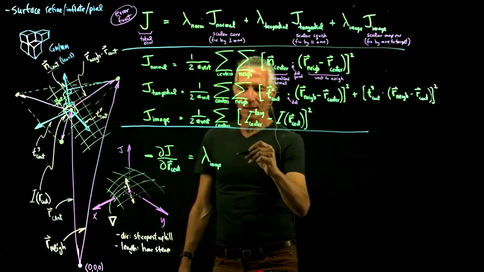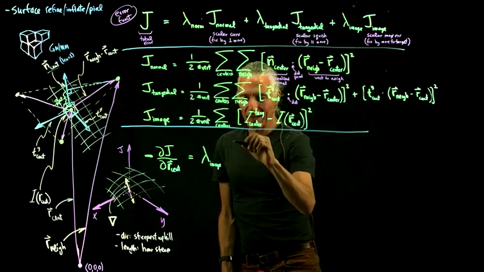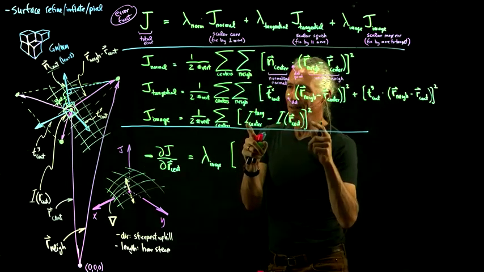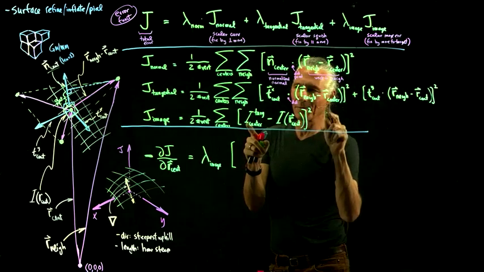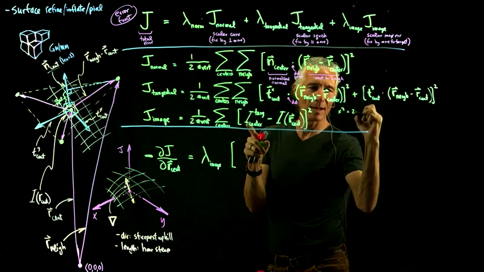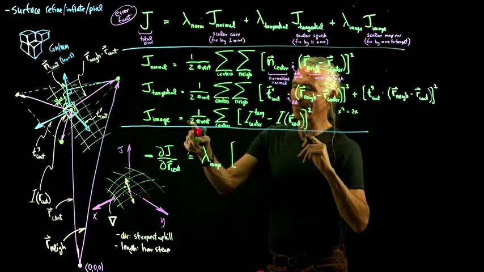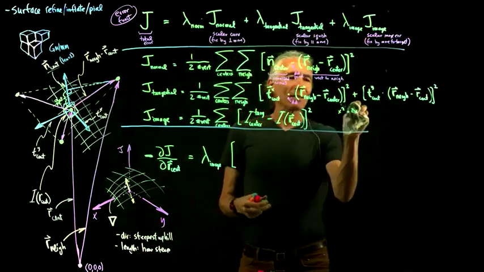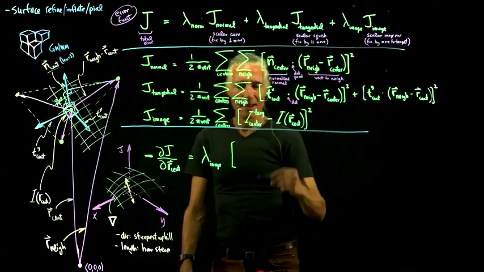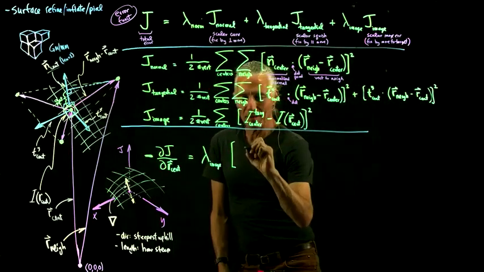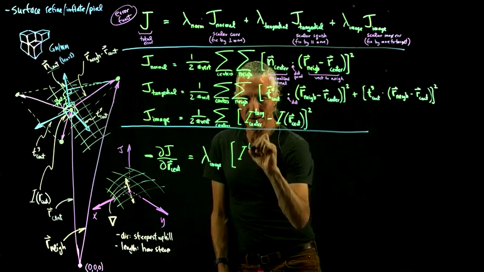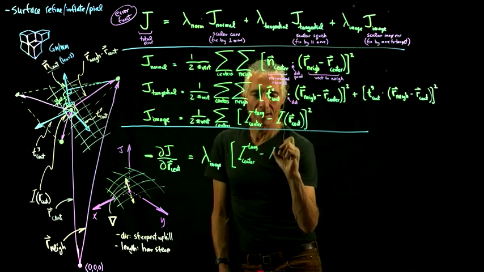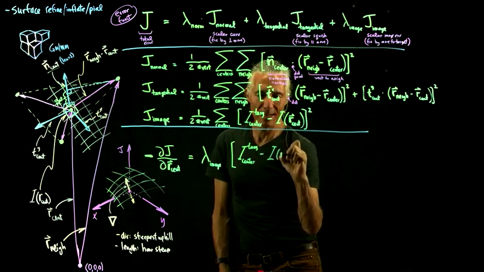So when we take the derivative of that, we've got to take the derivative of this thing. So how do we do that? Well, it's squared, so it's going to be like the derivative of x squared equals 2x. So it's going to be 2, and that's going to be canceled out by this 1/2 here. But then we've got to apply the chain rule. So the end result is going to be the whole function up there, this target center minus whatever the voxel is that we're currently in.